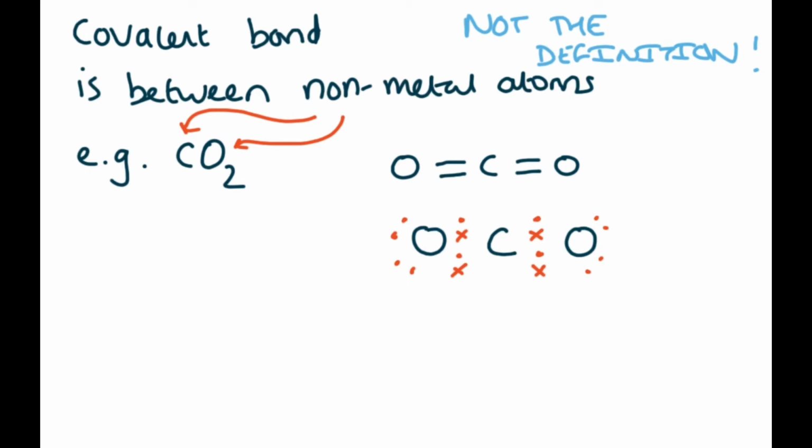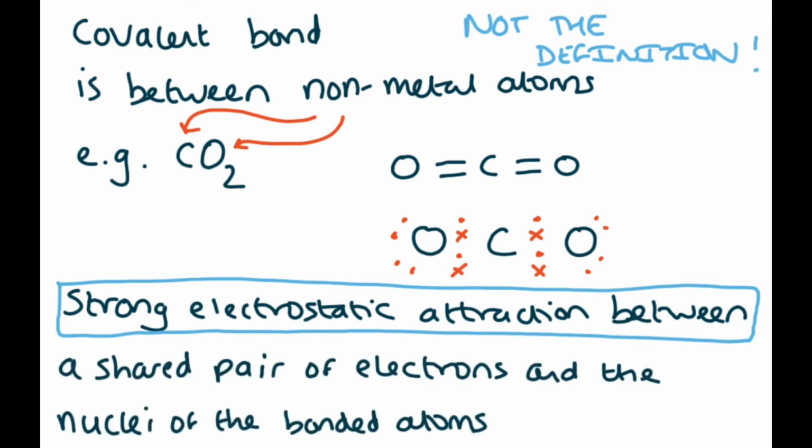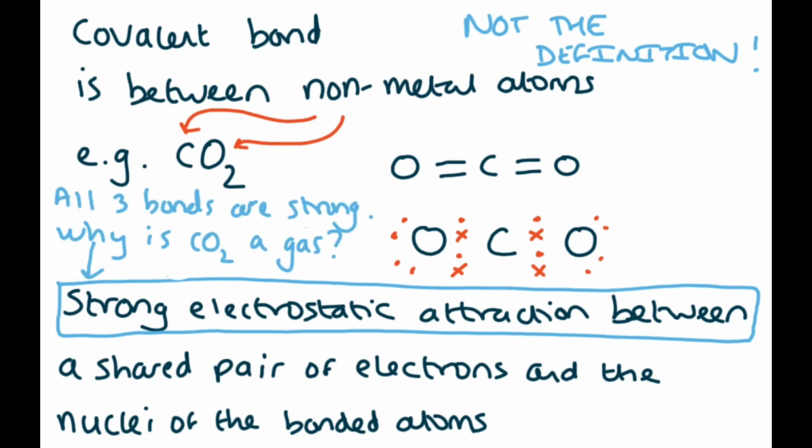Again, I've got another video showing how to do this if you'd like to practice. And the definition has the same start: strong electrostatic attraction between a shared pair of electrons and the nuclei of the bonded atoms. So all of those 3 bonds, ionic, metallic and covalent, are strong bonds.